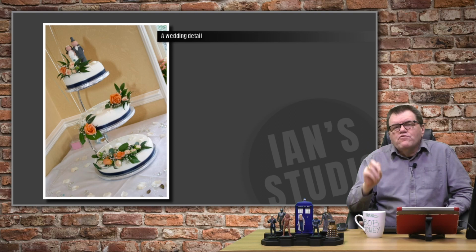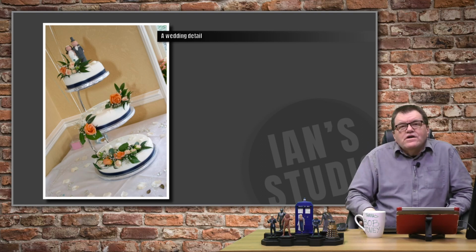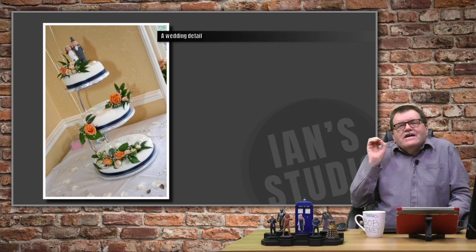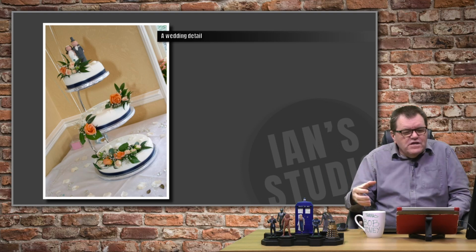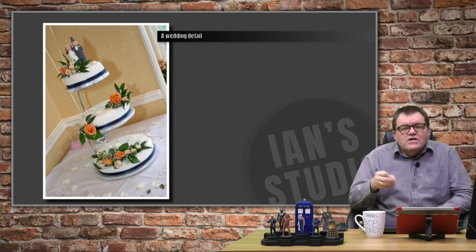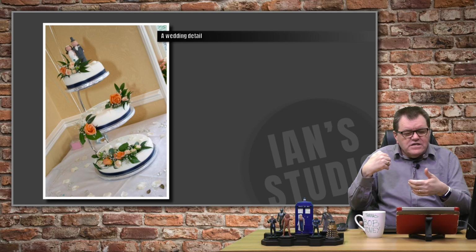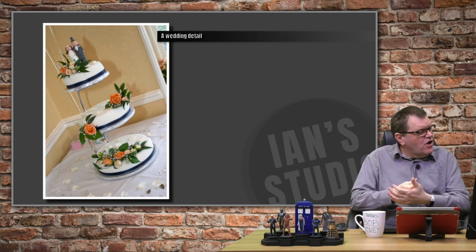A lot of work goes into producing wedding cakes. And what happens to them? Halfway through the day, somebody attacks it with a knife or a machete and cuts it into pieces. So get the photos of it. What did it look like? What were the figures on top? Sometimes the figures on top are edible. So that information is lost.